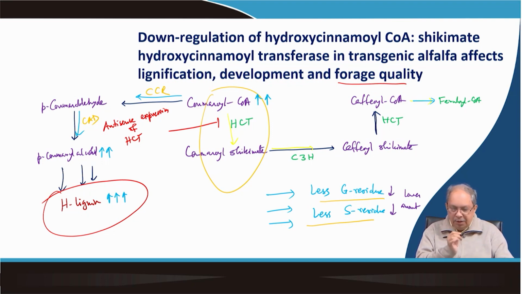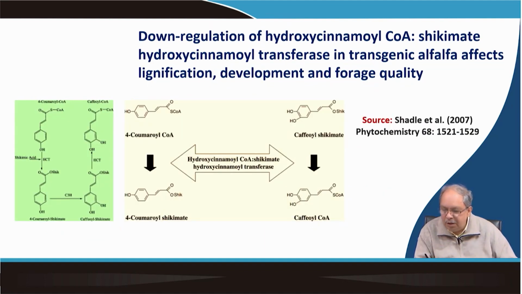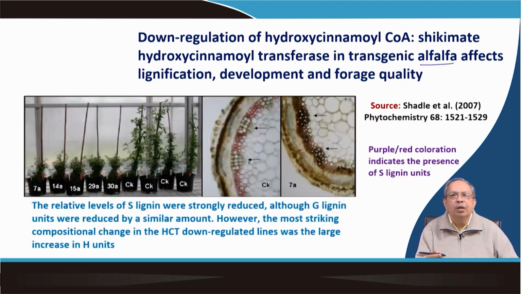The scientists checked the in vitro digestibility and found positive results. So, it is promoted as a very appropriate forage crop with less lignification through this transgenic approach. This paper was published in Phytochemistry in 2007. Again, there are more recent papers, but I prefer to discuss this because its scientific implication is much higher than only the technological papers.